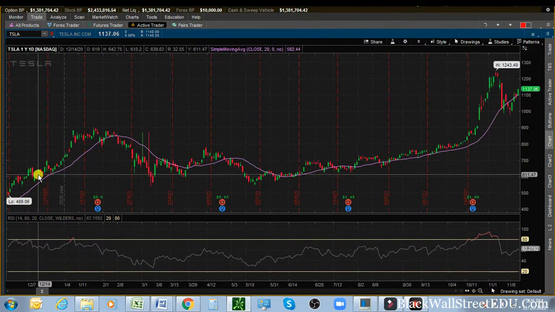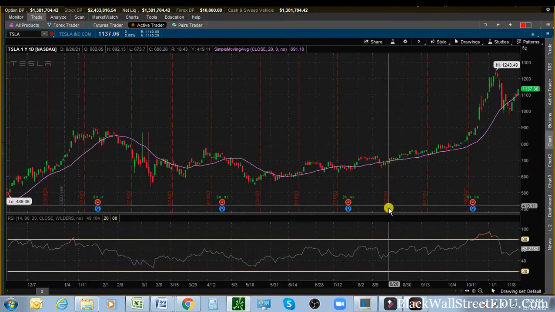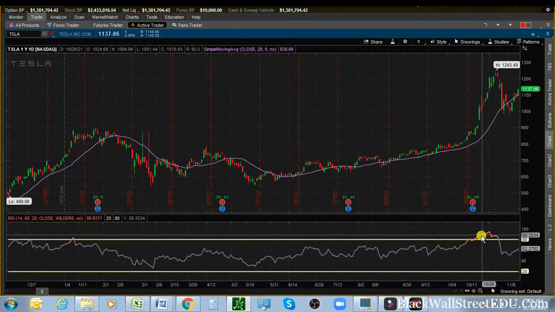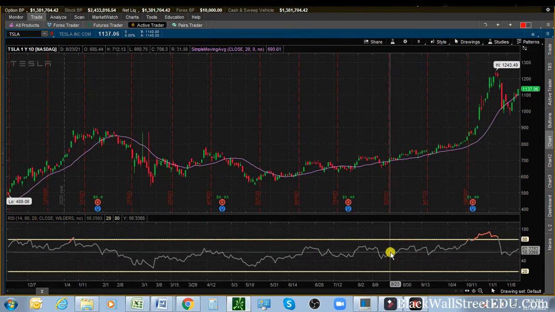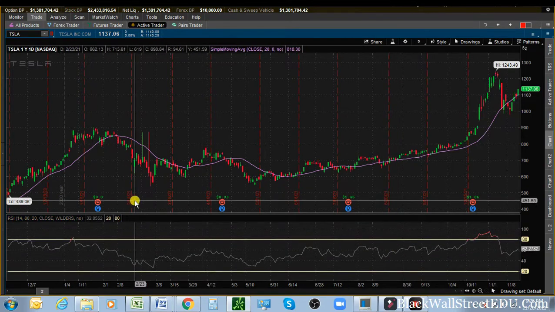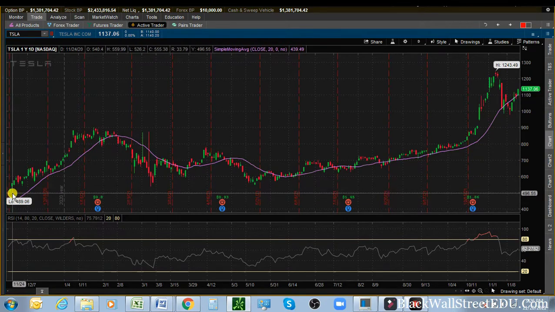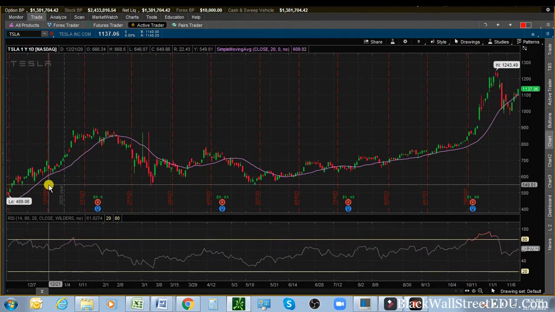Now before you get into a stock, even though it is above the moving average, you want to make sure that you're not in an overbought position. You want to be somewhere in between here, neither overbought nor oversold. Okay, so if you go back and see that, right here you see that this stock is above the moving average, and you look at this RSI indicator at 76, just realize that the probability of that continuing up is low.